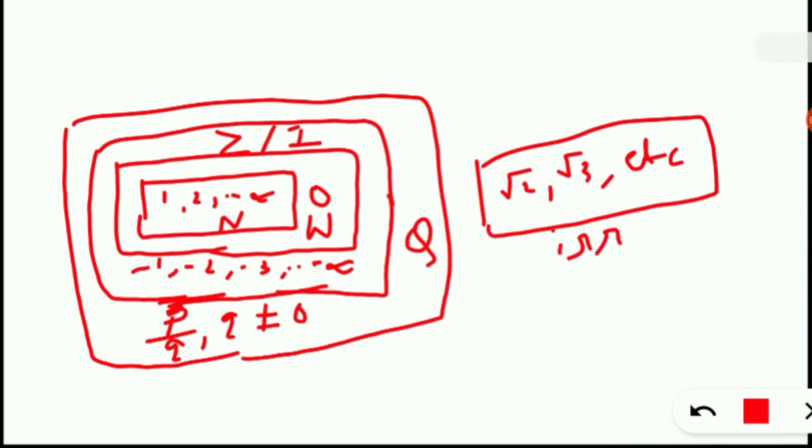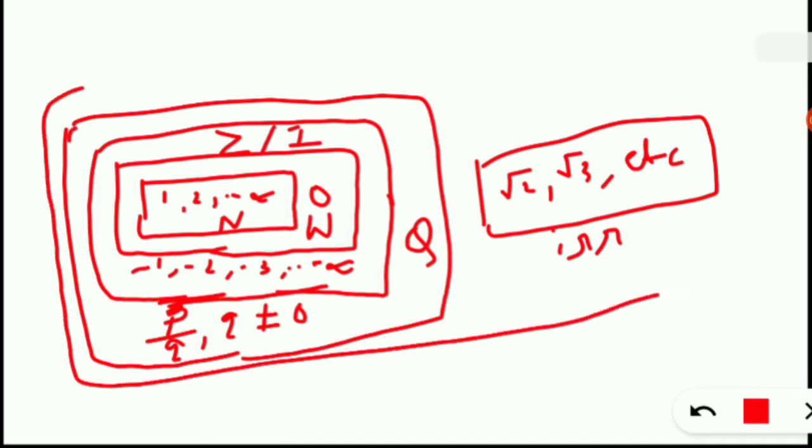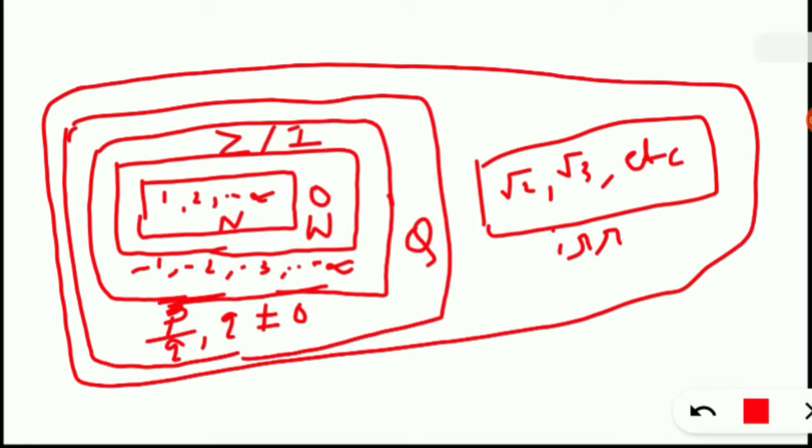Clear? Now real numbers contain both rational and irrational numbers, and real numbers are denoted by capital R.